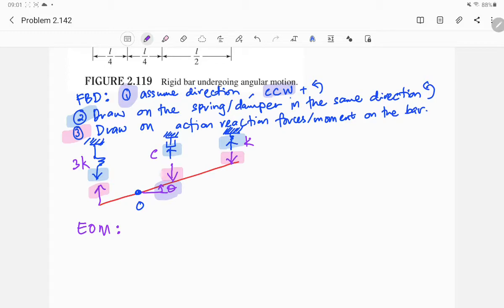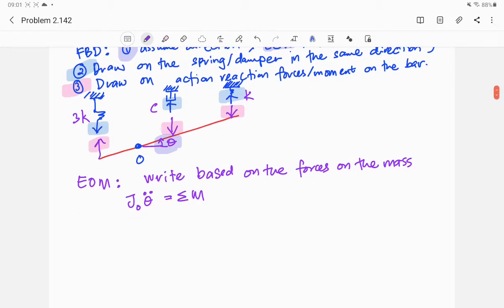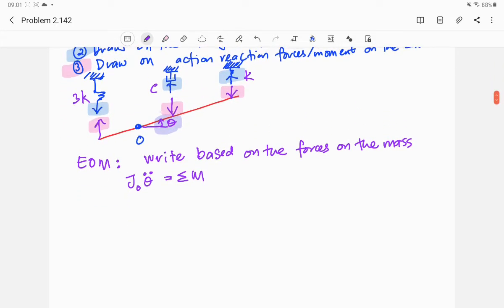You always write based on the forces on the mass. Let me put it up a little bit, because we already have all the forces. We are referring to the red part of the figure, which is just this bar here. You can see that there are 3 forces there, from the 3K, from the C, and from the K. There are only 3 forces.